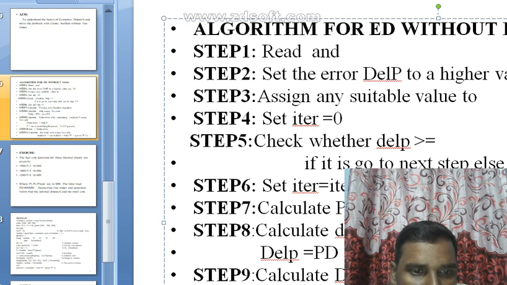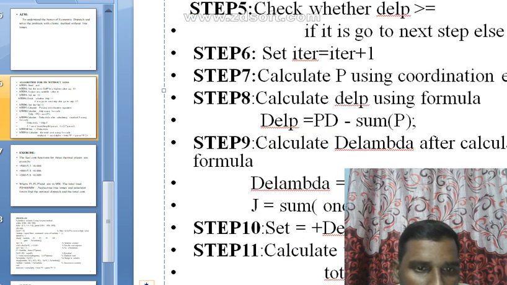So here d lambda is for the J values, the conjugate one. The last step, calculate the total cost using the formula. Total cost is equal to the sum of alpha plus beta into P plus gamma P squared. Here P means power.